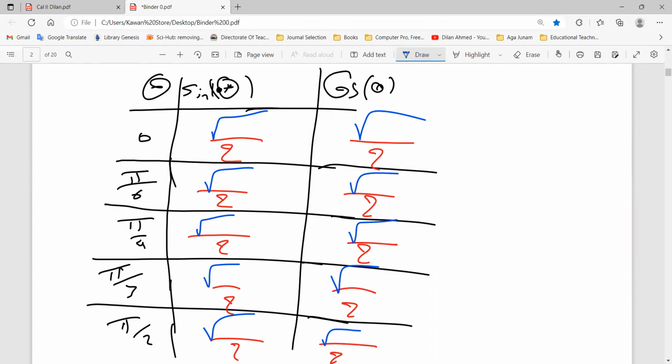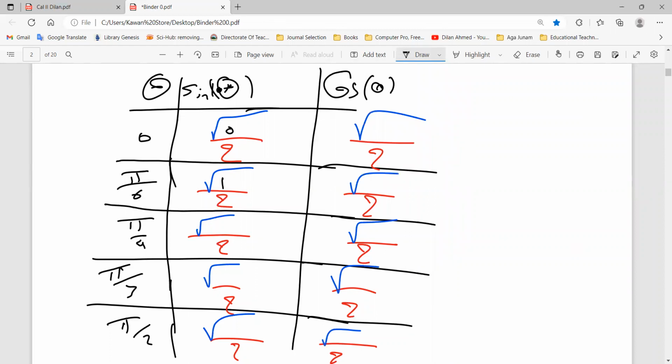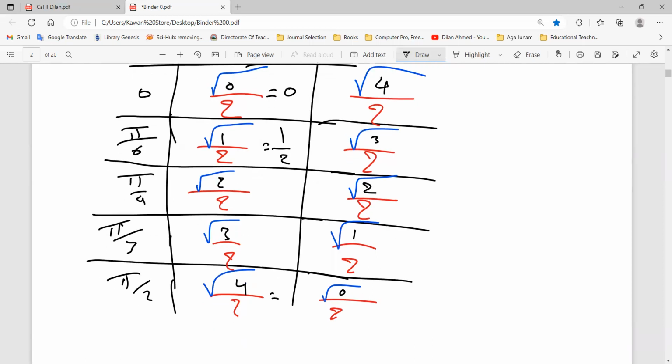Then you put the numbers from 0, 1, 2, 3, 4. How about for cosine? 4, 3, descending: 4, 3, 2, 1, 0. Then square root of 0 over 2 is 0. So that one will be 1/2, and that one will be 1.